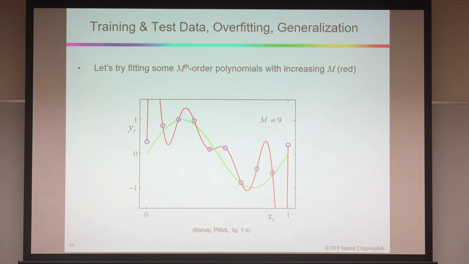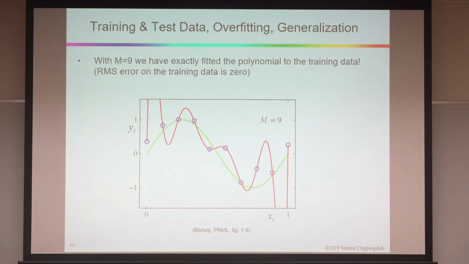So although this approximation is very good at the data points themselves, it's going to be very bad probably for novel data points. So with m equals 9, we've exactly fitted the polynomial to the training data, and the RMS error on the training data has dropped to 0.